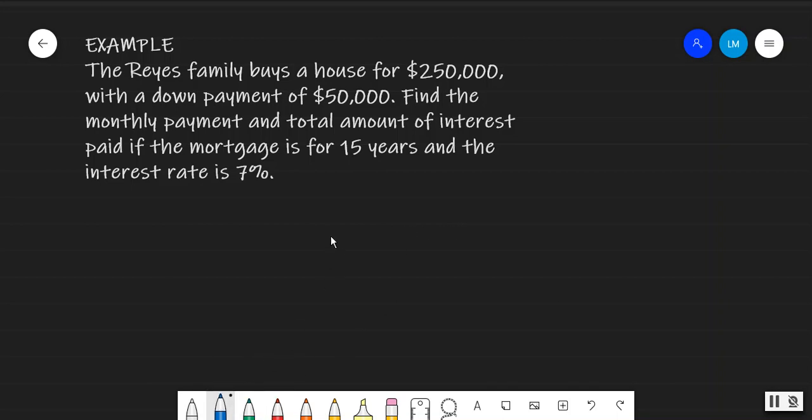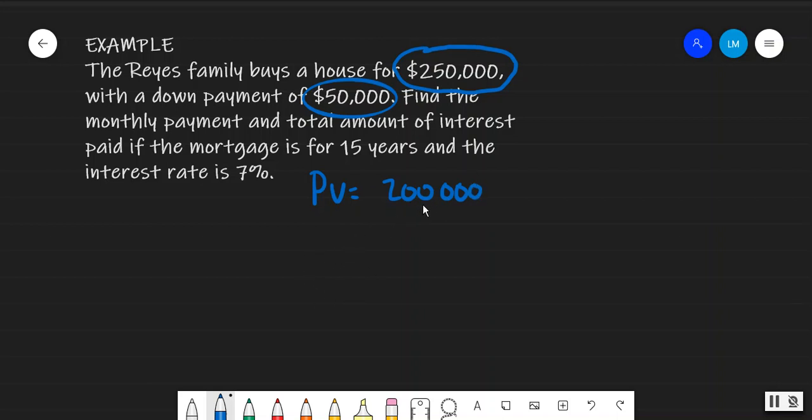Essentially, the $50,000 is extra information. We know that $50,000 was paid, but the amount that was financed was minus that. So that means that the present value is actually 200,000.